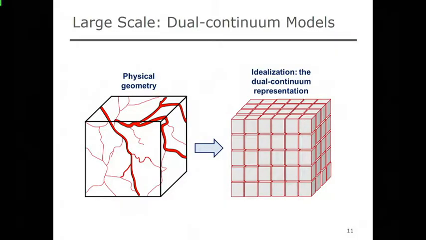Of course, this problem has been identified for a while. Even 50 years ago, people started conceptualizing a fractured porous medium. Instead of going into the details of the physical geometry, we started idealizing that in sort of a sugar cube model where we have regular void space of fractures that are separating individual matrix blocks.